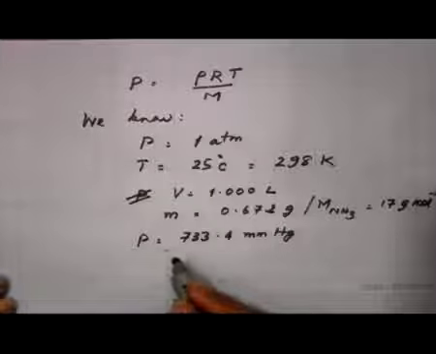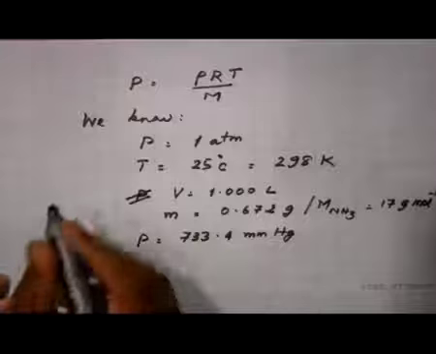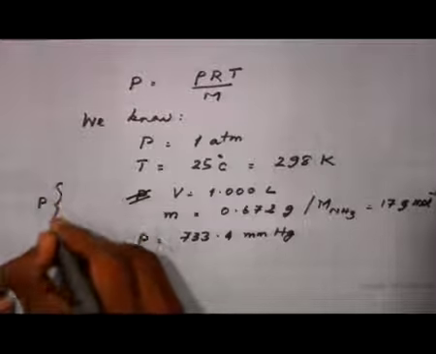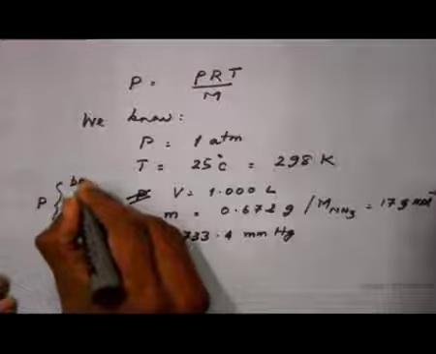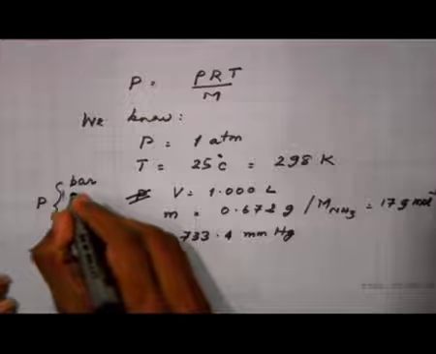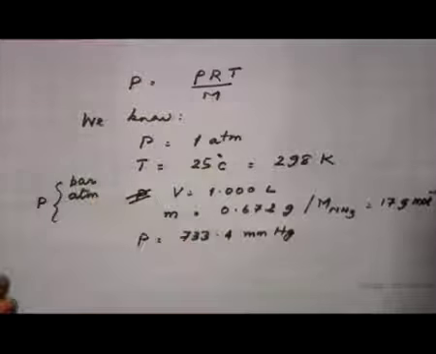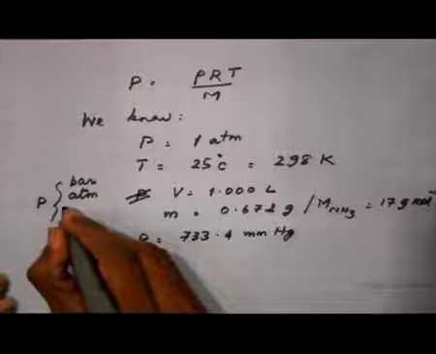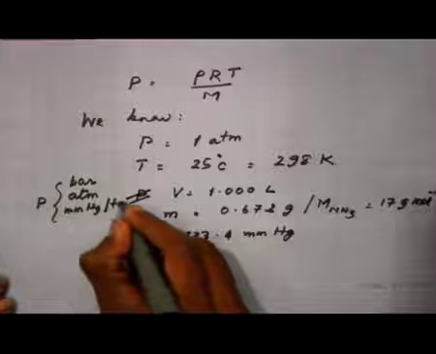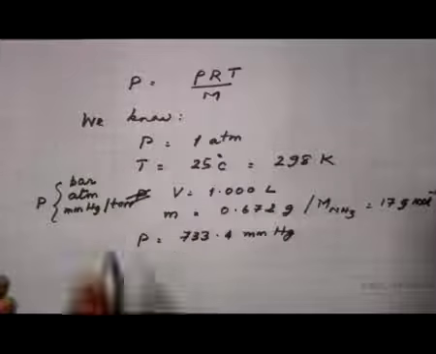Now, this problem also illustrates what to do when you encounter pressure in various units. We already said that pressure could be written in one of many units. We have the SI unit of bar, we have atmospheres which we have come across, then we have millimeters of mercury which is the same as torr. So, there are various units.